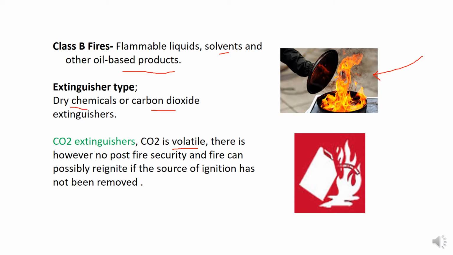There is no post-fire security, and the fire can reignite if the source of ignition has not been removed 100%. If the fire is not suppressed completely, even a small flame or a spark can restart the fire. This is very important due to the carbon dioxide.